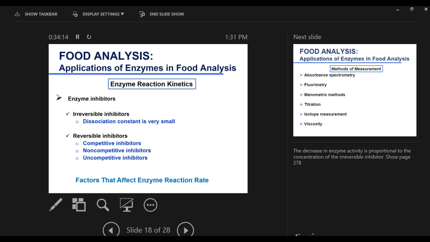Non-competitive, they bind at a different site, but they change the binding site. And uncompetitive, they bind to the ES complex. So once the ES complex is formed, they bind and then they prevent the change in the reaction from happening. Okay, so you should have learned more about these with examples in food chemistry.